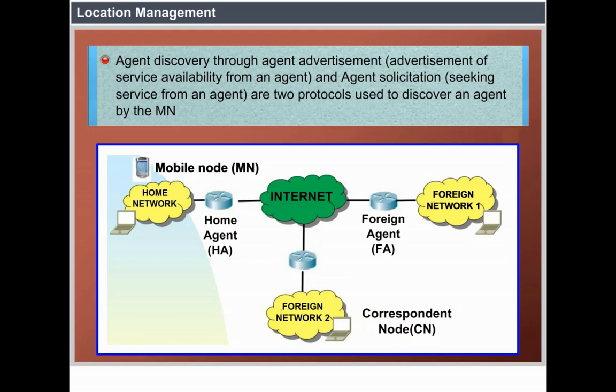Agent discovery through agent advertisement. Advertisement of service availability from an agent and agent solicitation seeking service from an agent are two protocols used for discovering an agent by the MN.